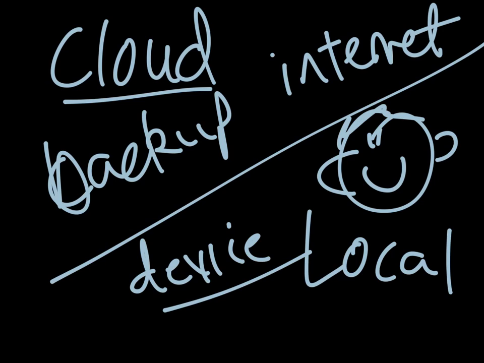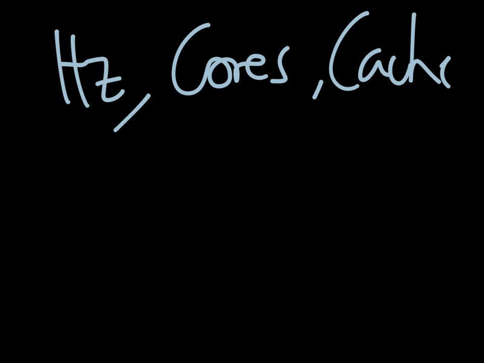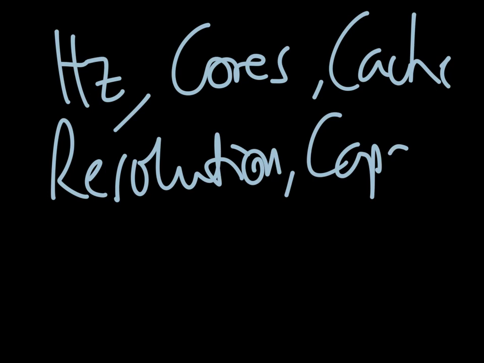We're going to be asked about different features that we can compare input, output, and backend storage devices on. So think about things about the processor. We know about the speed of the processor, how many cores it has, how much cache memory it has. We're going to be asked about the camera, so think about resolution, and think about the capacity of storage in there.